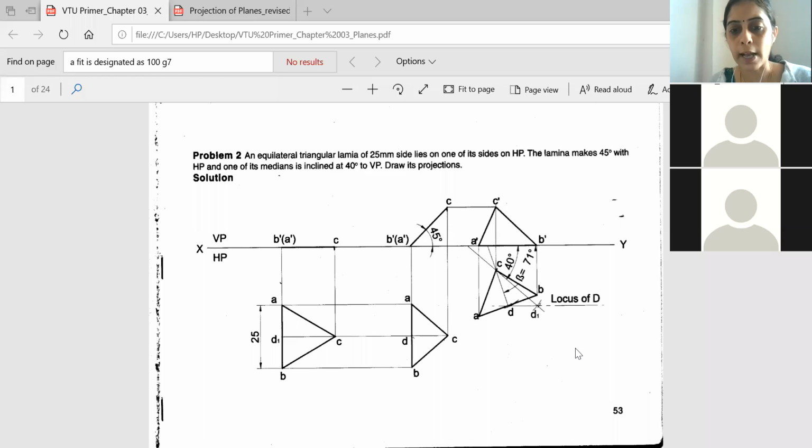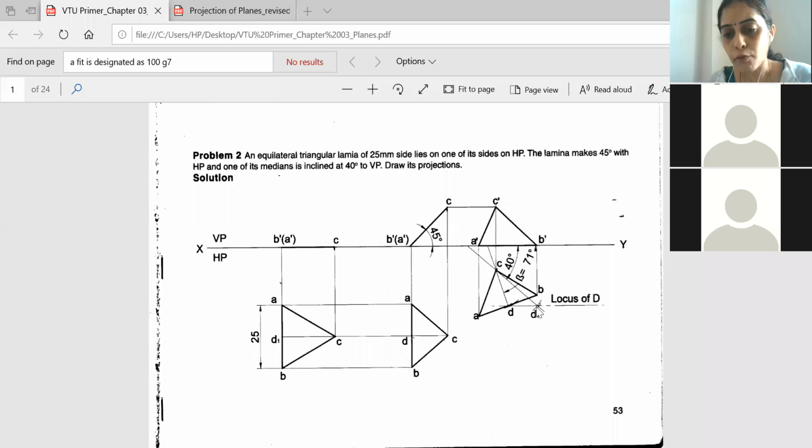On this 40-degree line, you will fix a certain point. Don't fix the point very near the XY line. Let it come a little below the XY line, because you have to construct and shift this entire lamina over here. So you will fix a certain point and name it C. After naming the point C on the 40-degree line, you will measure the true dimension of the median, C and D. Keeping this point fixed, measure this distance with the compass and cut an arc on the 40-degree line.